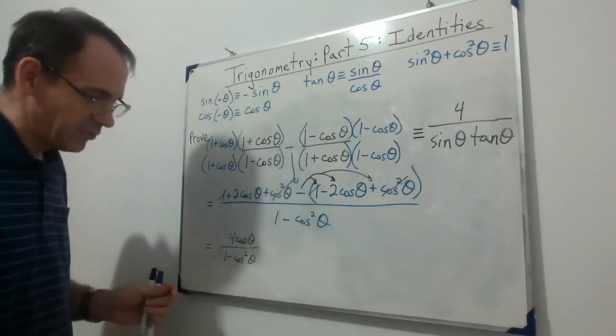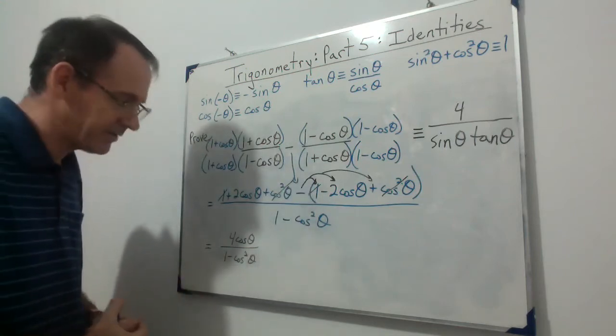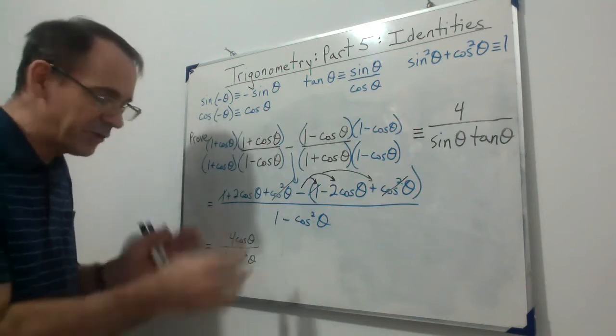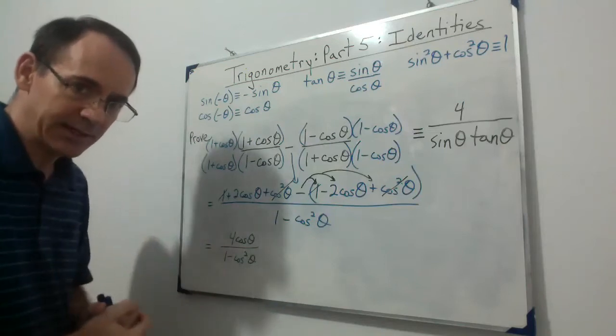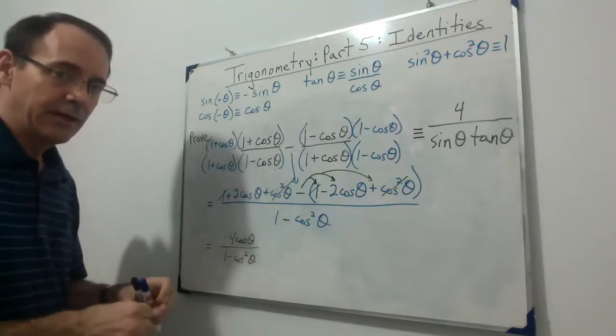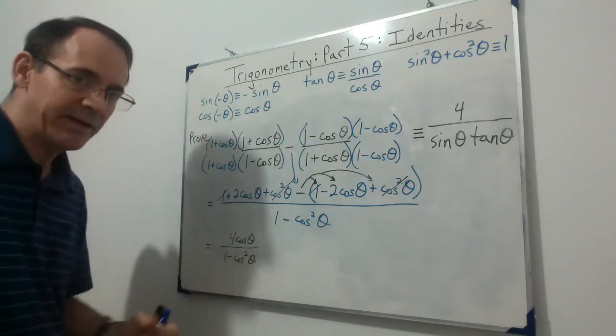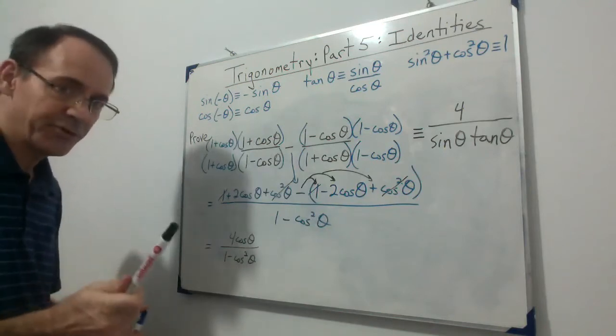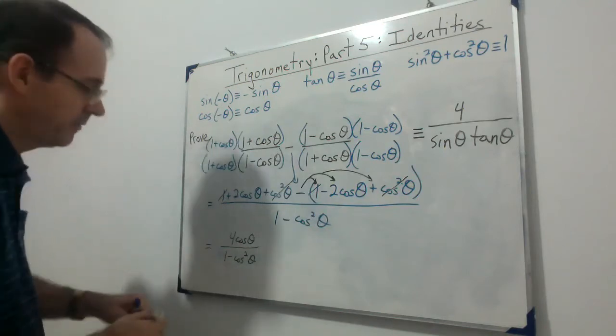But don't get into a bad habit of not writing the argument with the trig function. There is no such thing as just a cosine. It's cosine of an angle, okay? I don't have time to really explain that more, but don't forget your argument. Some people do, and then they don't know what they're working with.